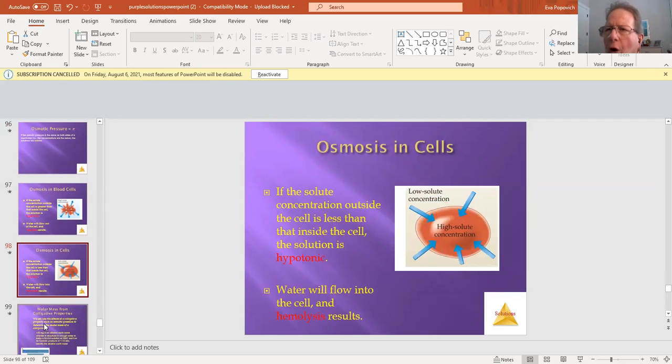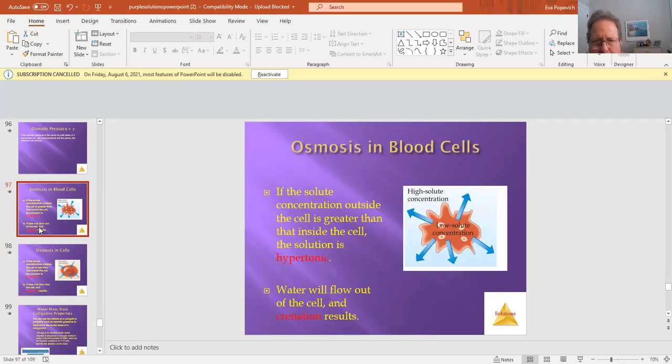You can also have the opposite effect. Let me go back here for a second. Think about drinking ocean water, guys. If you are drinking ocean water, isn't the concentration outside the cell of salt greater than the concentration inside the cell?